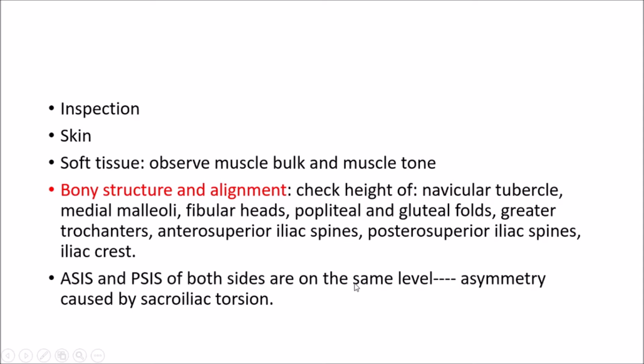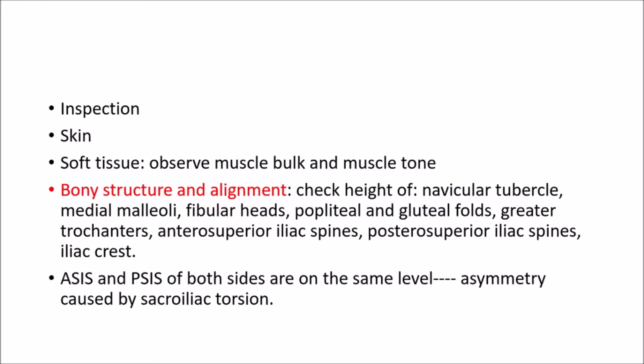Next is the bony structure and alignment. In this, you have to check the heights of the greater trochanter, medial malleoli, fibular heads, popliteal and gluteal folds, and most important, the anterior superior iliac spine, the posterior superior iliac spine, and the iliac crest. You have to check whether the anterior superior iliac spine and the posterior superior iliac spine of both sides are on the same level or not.